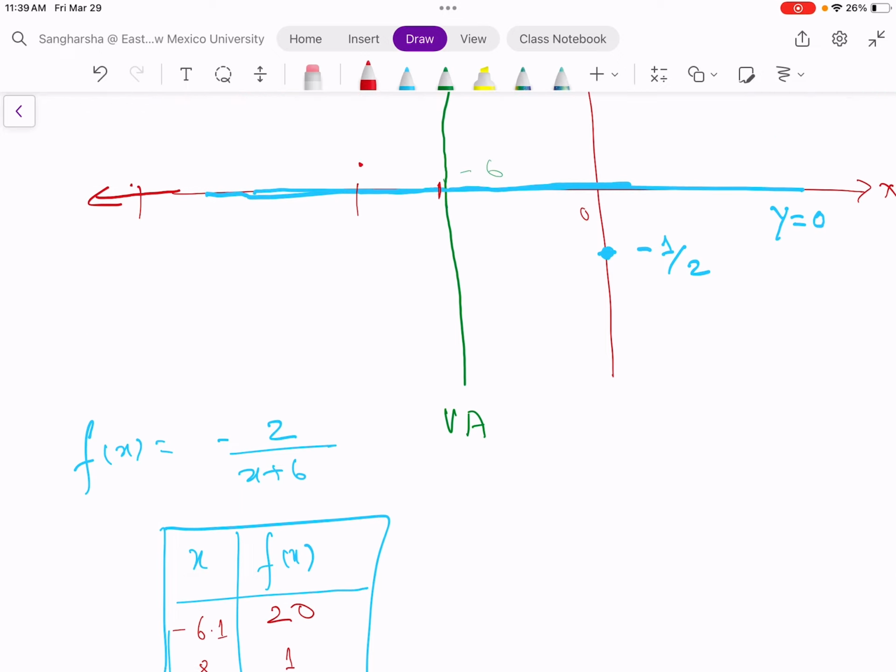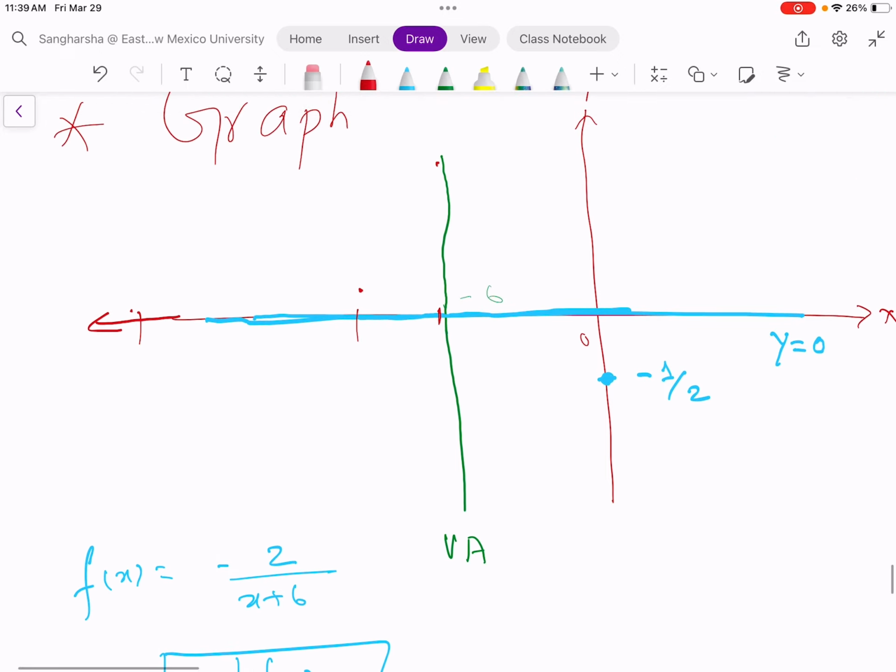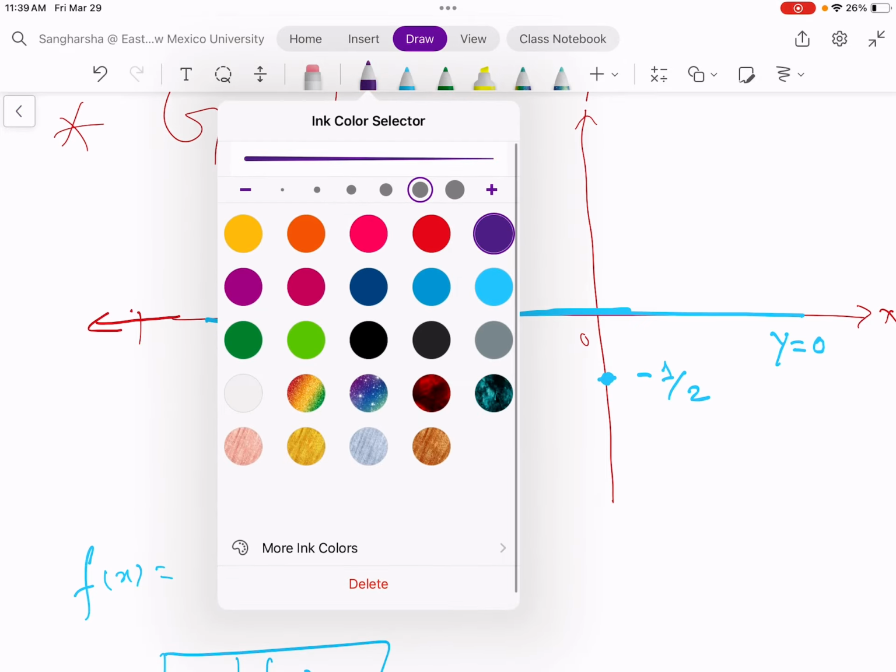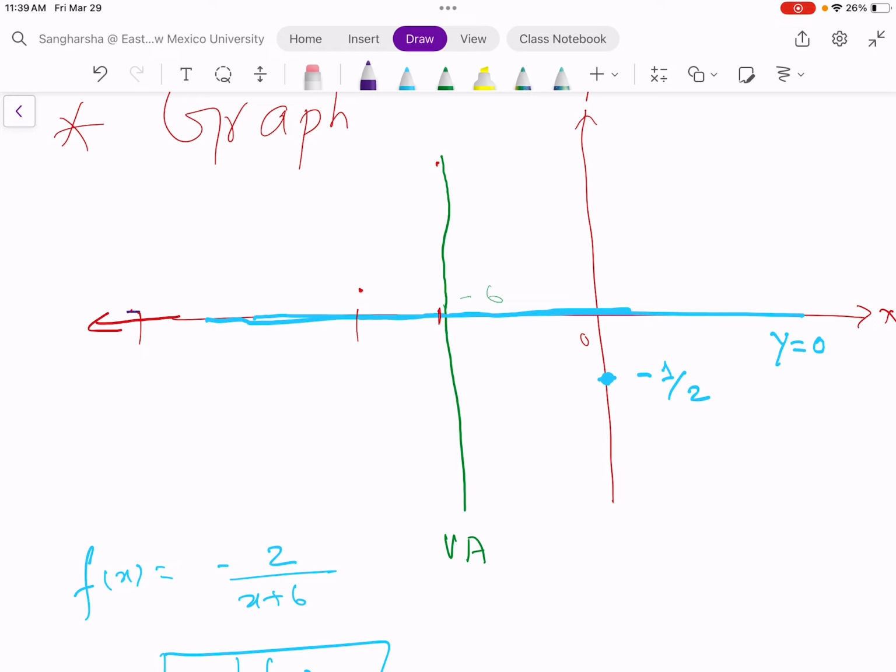Now we connect these points, and it does not have an x-intercept, so it does not cross the x-axis. It connects all these points. It goes like this, and it does not cross the vertical asymptote either.